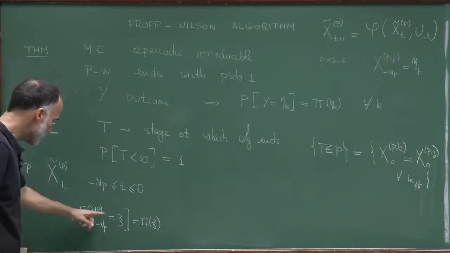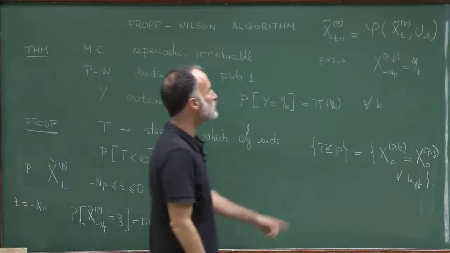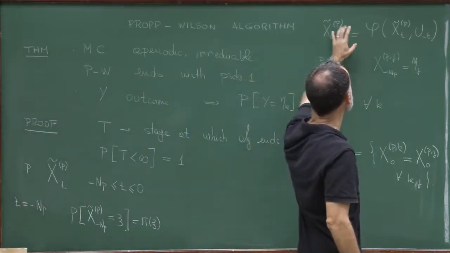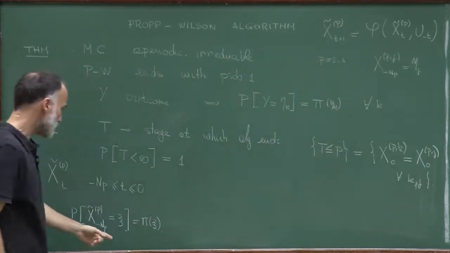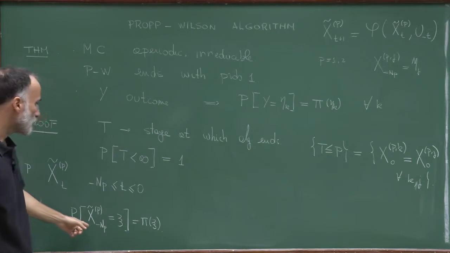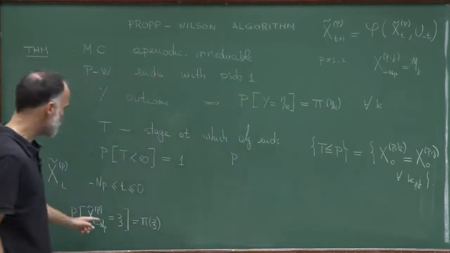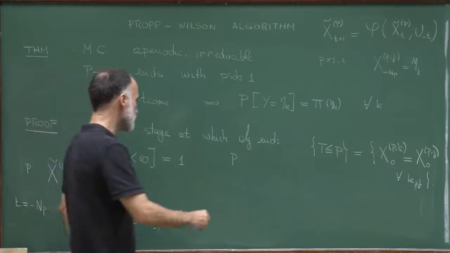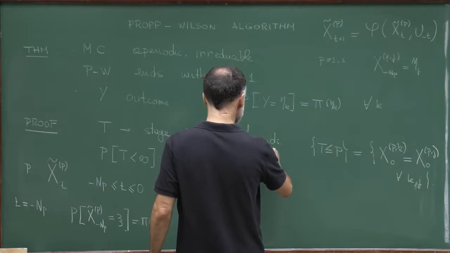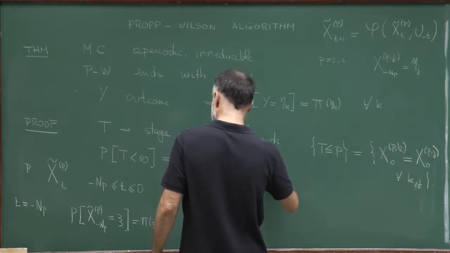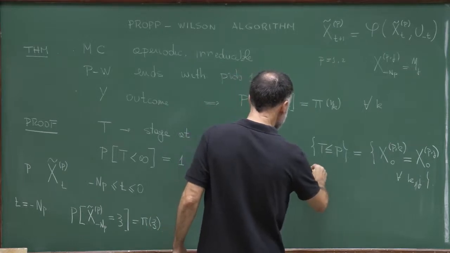And what's clear is that since I'm starting from pi, and since this identity provides me a Markov chain with transition probability P, and since pi is stationary, at time 0 the distribution of this chain is equal to pi. So the probability that x tilde p at time 0 is equal to xi is also equal to pi of xi.